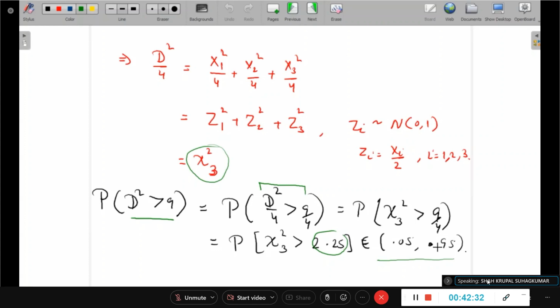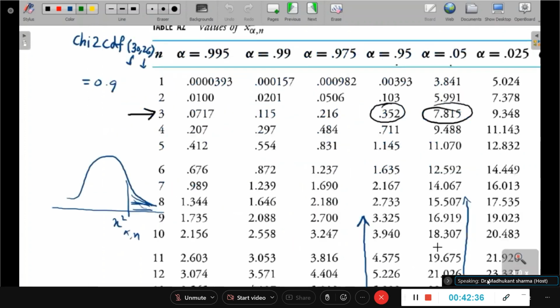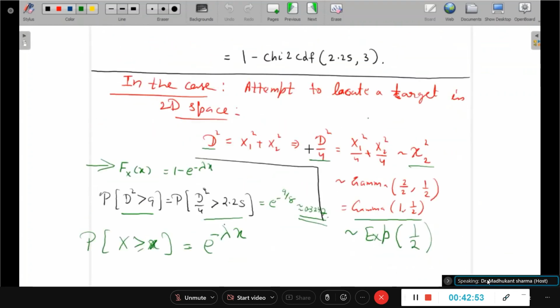See, at present, only the following information is provided, so accordingly we can only execute. If more columns were included for different values of alpha, that range could be squeezed. Or else, as I have told you, you can use this chi2cdf function in MATLAB that will give you almost near values.